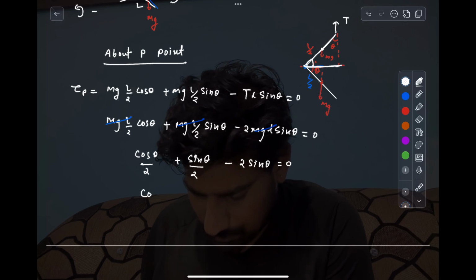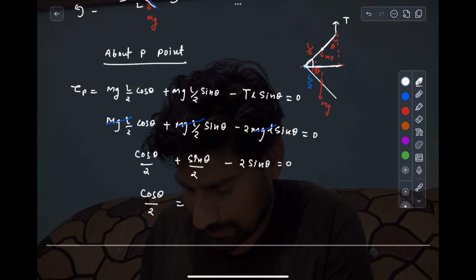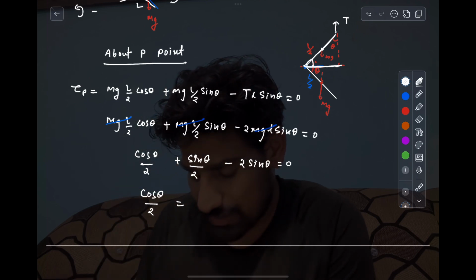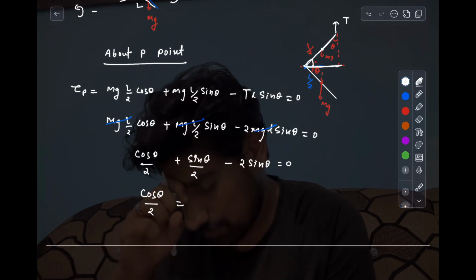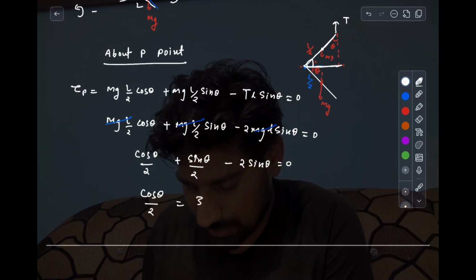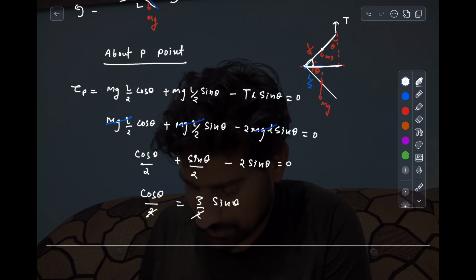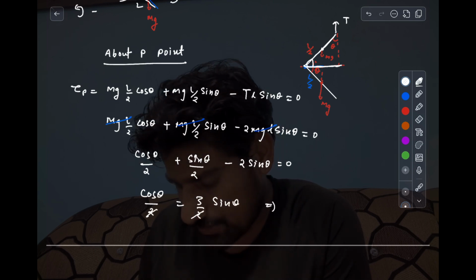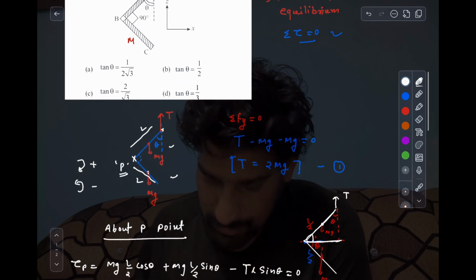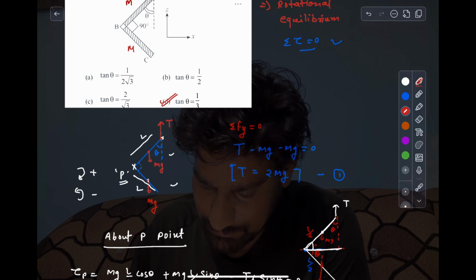So this will become cos theta by 2, and this side we have 2 sin theta minus sin theta by 2, so the value will be 3 by 2 sin theta. The 2 will be cancelled out, so then we are getting tan theta equals to 1 by 3. Okay, so I hope we get that answer D is correct in this.